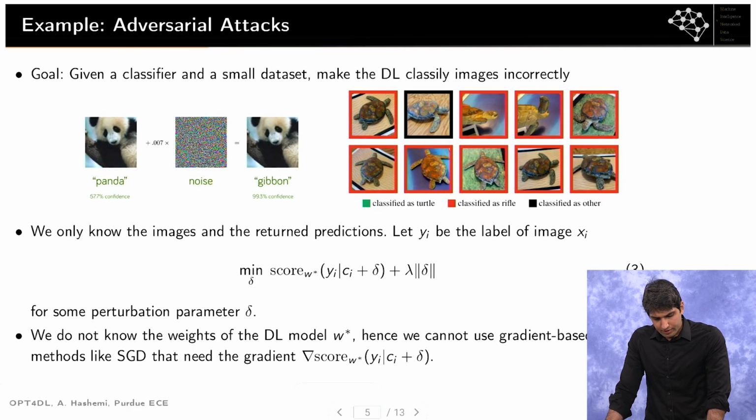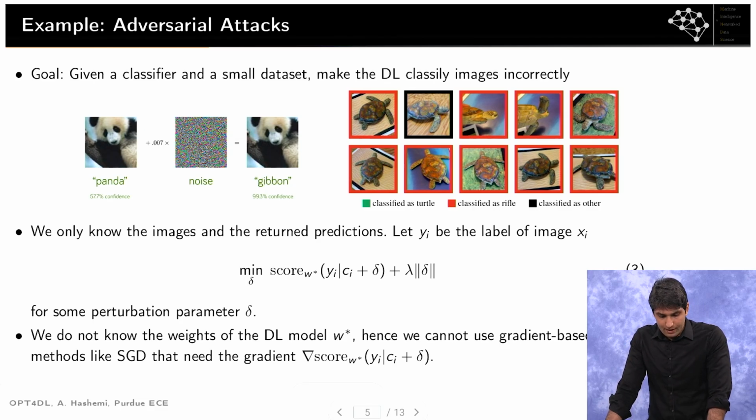Another example is adversarial attacks. The idea is that we want to understand how adversaries can perform malicious activities, especially when we are relying on data-driven approaches and approaches based on deep learning for automating decision-making processes.